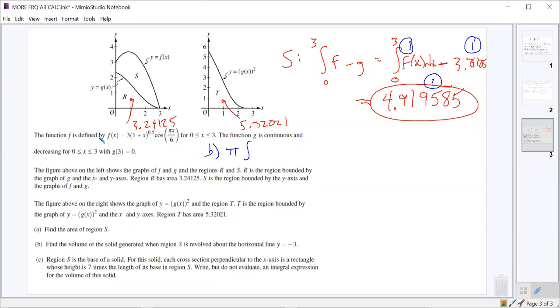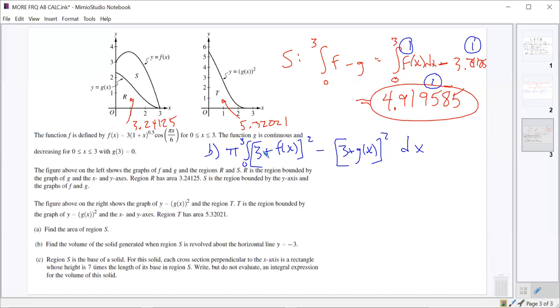And since we're going around y equals -3, the outer radius is 3 plus f of x squared. And we're going to do that from 0 to 3 minus the inner radius. And the inner radius is 3 to get from -3 to 0 plus g of x squared dx. Everybody good with the setup there? Yep.